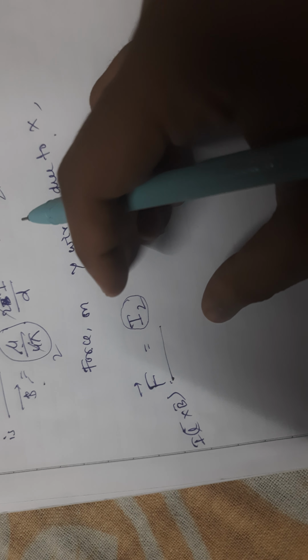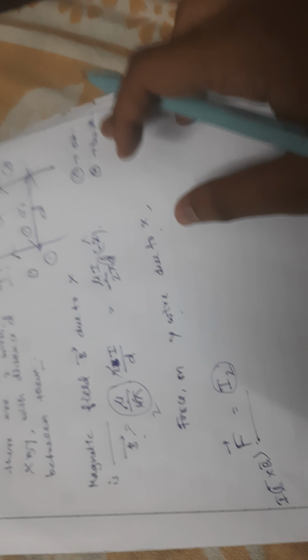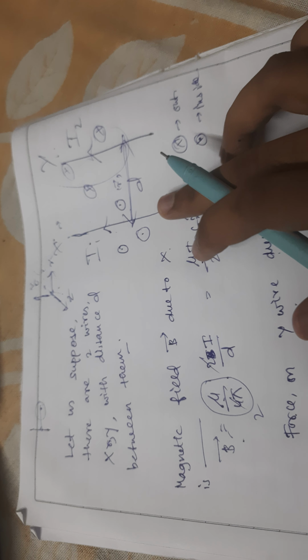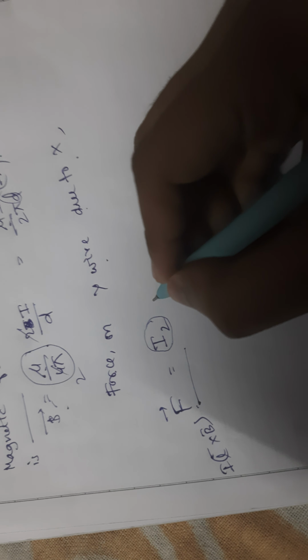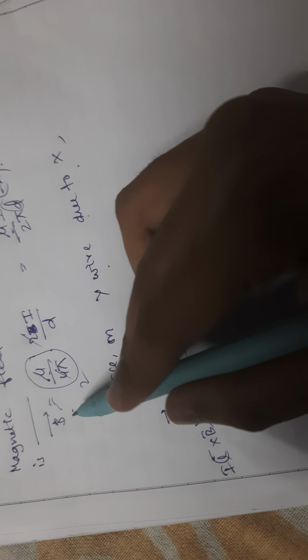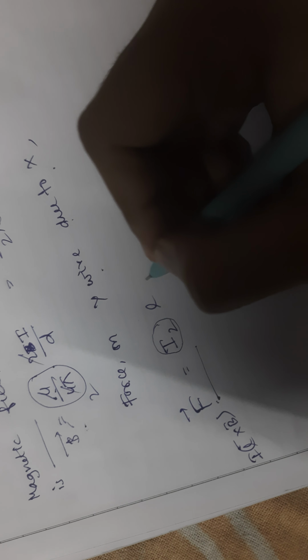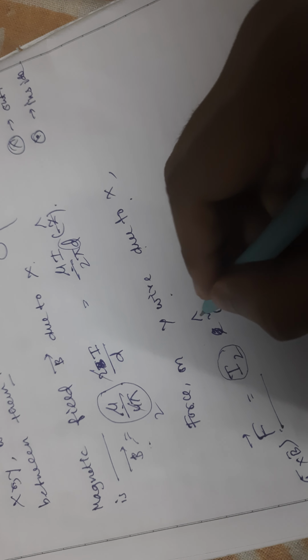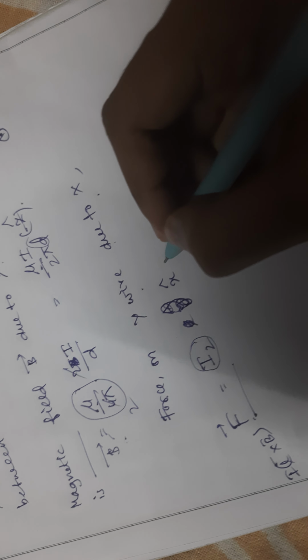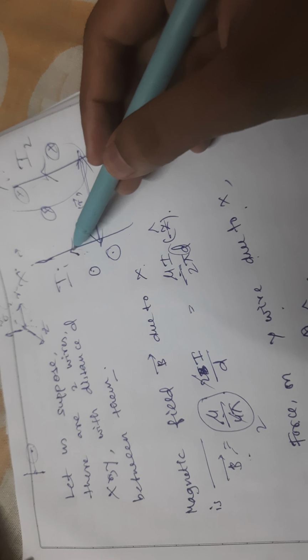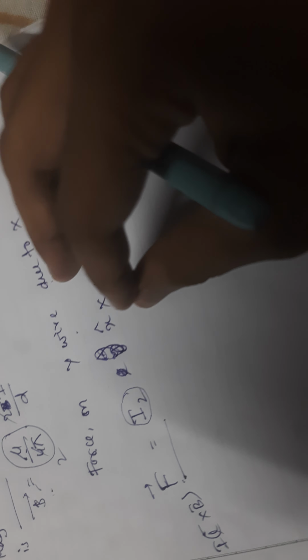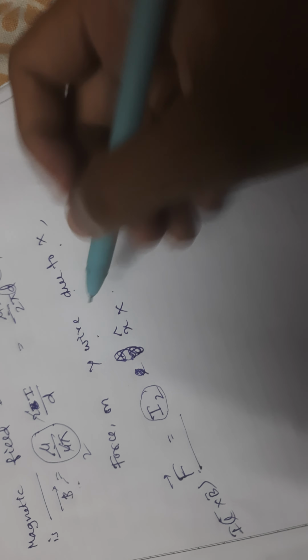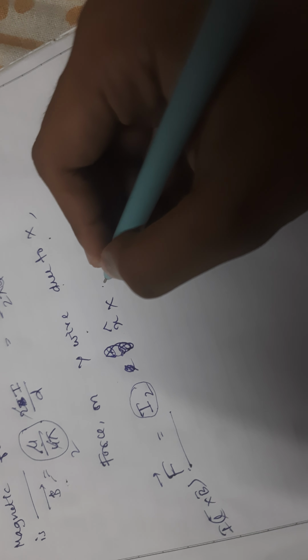And the magnetic field produced by the X wire is B, and the length of it is L. We take L, or we can take X cap, sorry, because this is a unit vector, and we are taking the simplest and most general solution possible.